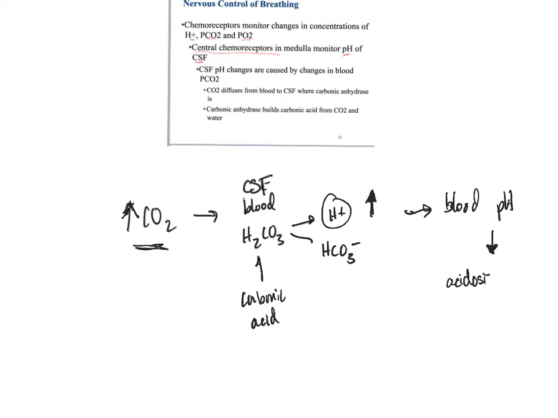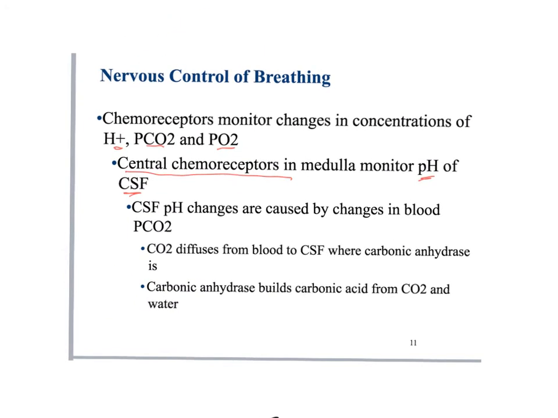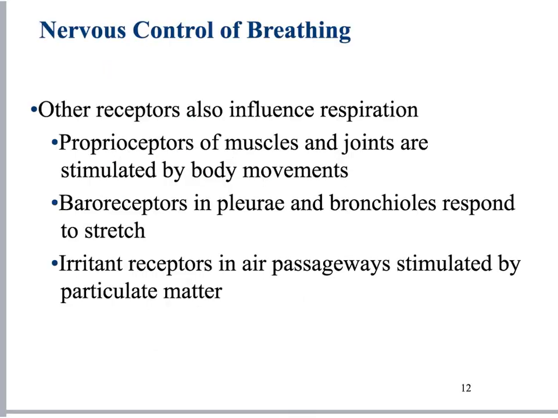And that can actually lead to acidosis, where blood pH is below 7.35. And it happens with the normal processing of CO2. So CO2 goes up in the blood, then it diffuses from the blood to CSF, where carbonic anhydrase, this enzyme, builds carbonic acid from CO2 and water. So we increase CO2, then that dissociates into hydrogen ions, and you get lower pH.